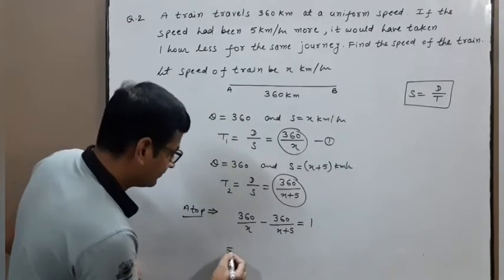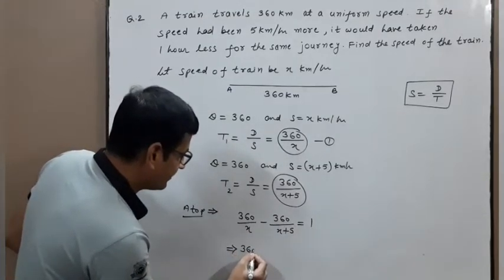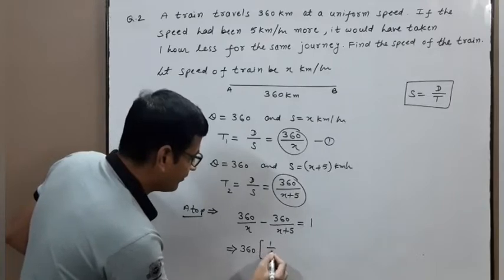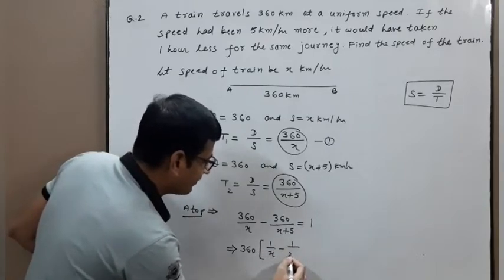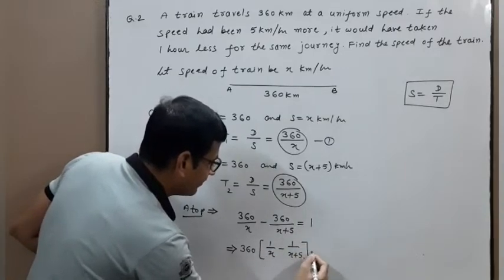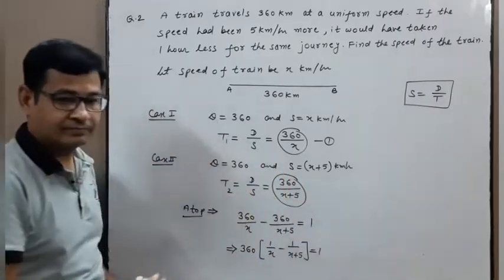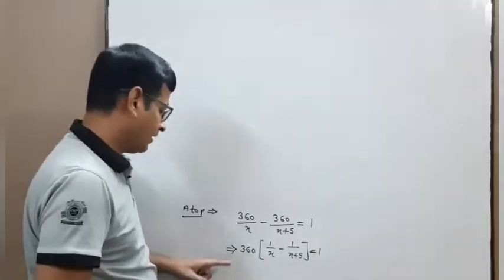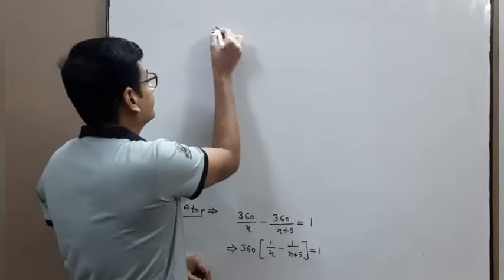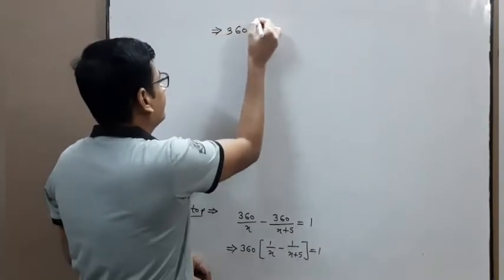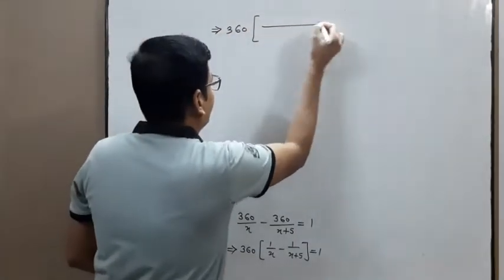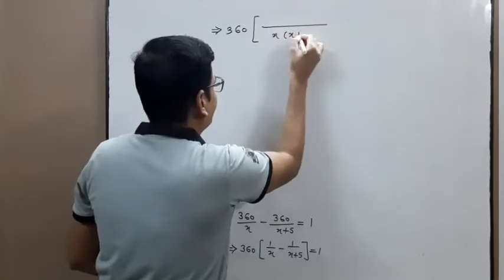Simplify. Taking 360 common, in the bracket we get 1 upon x minus 1 upon x plus 5 equals 1. Next step, taking LCM on the left hand side. LCM is x into x plus 5.